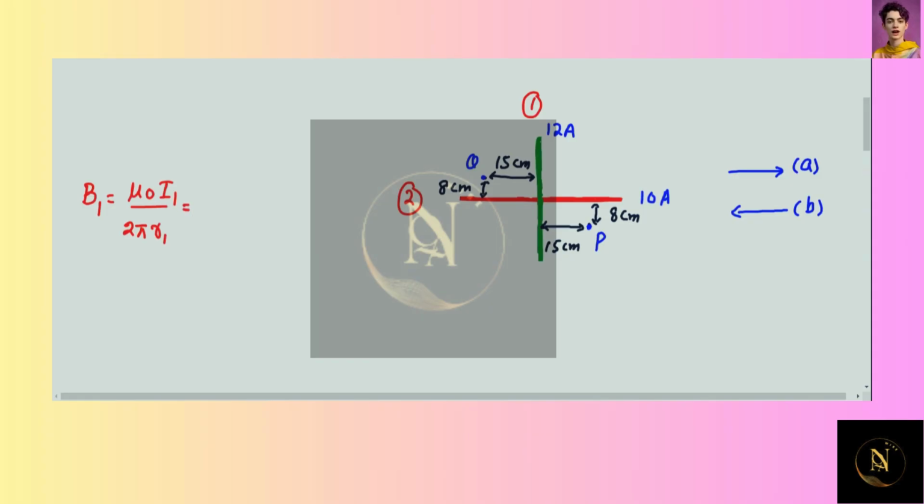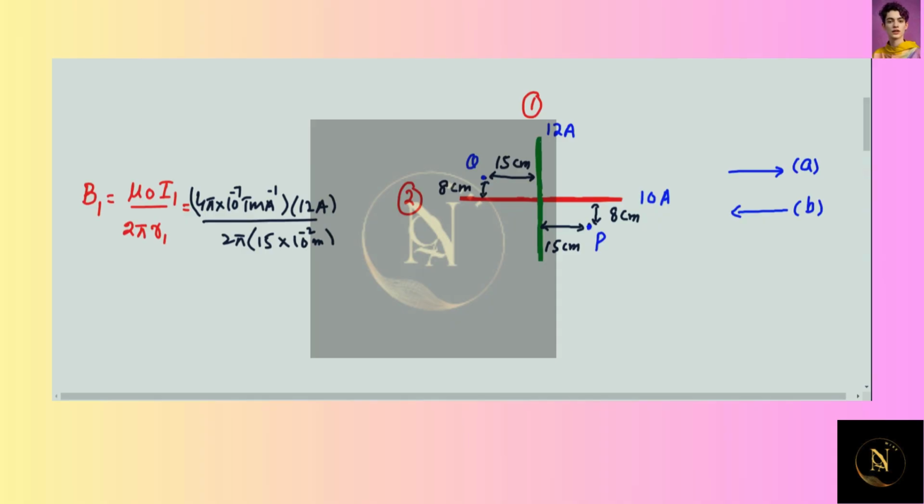Mu naught is 4 pi times 10 to the power minus 7 Tesla meter per ampere, and current through wire 1 is 12 ampere, divided by 2 pi times the distance of point P and point Q from wire 1, which is 15 centimeter, that is 15 times 10 to the power minus 2 meter.